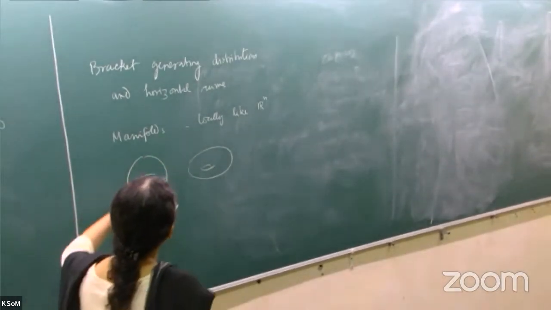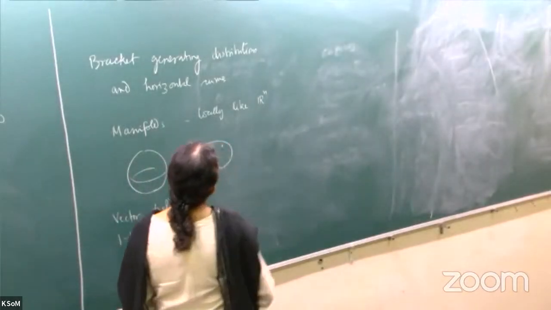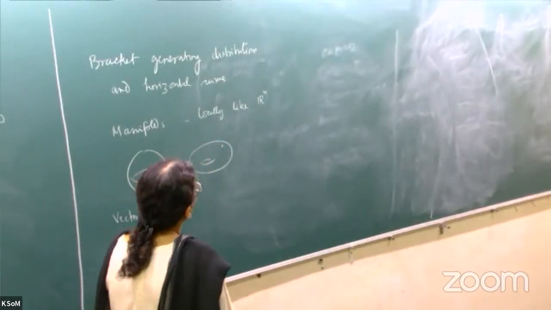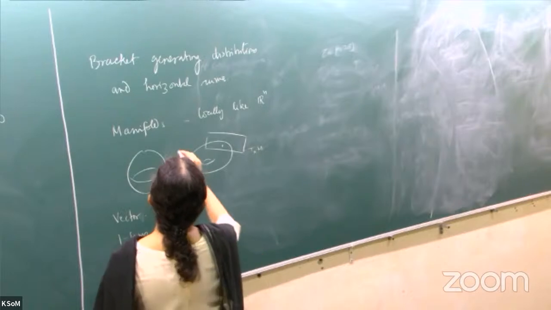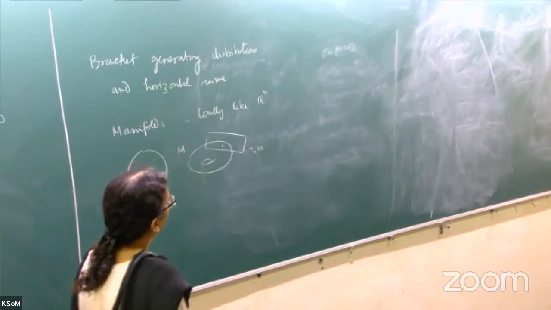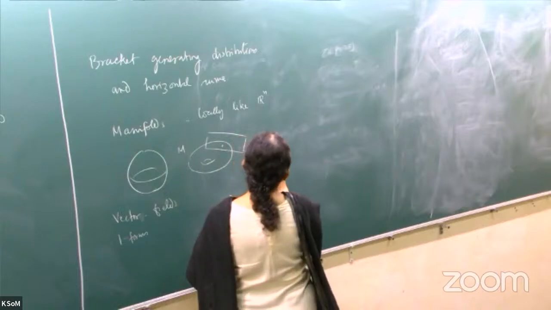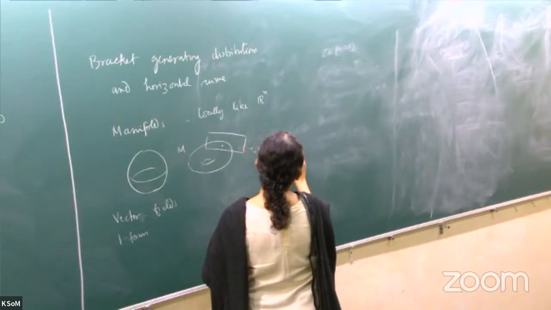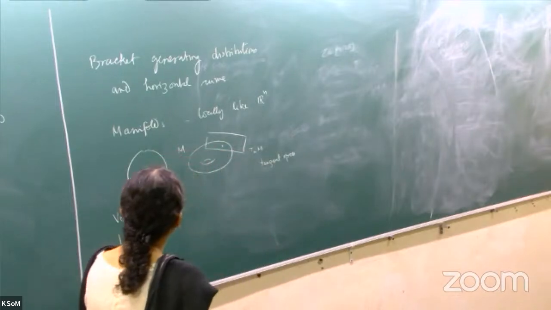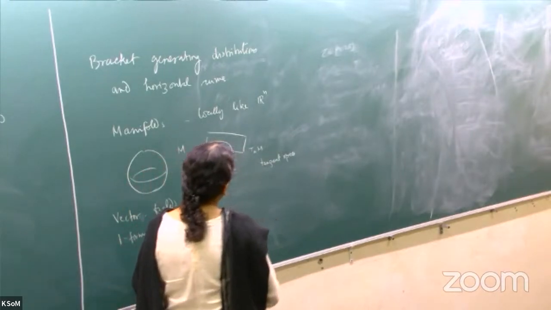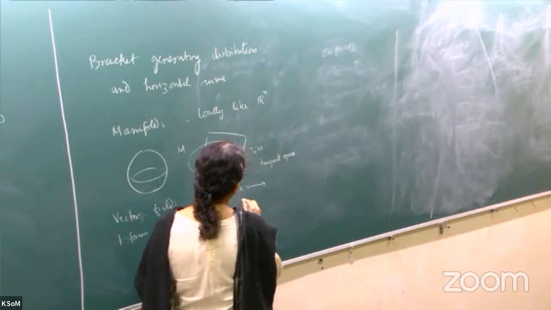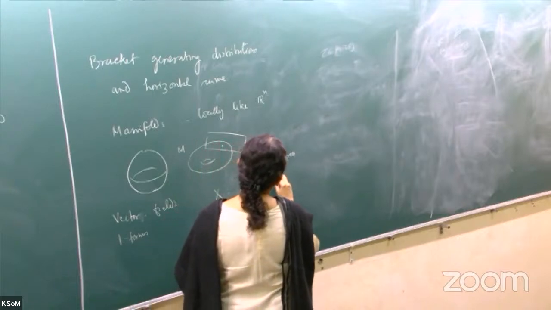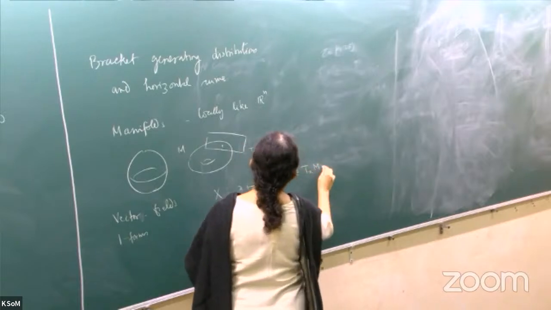So what do they do? Generally, when I am given a manifold, to each point x we associate the tangent space, denoted by T_xM. Supposing that the manifold is denoted by M, this is called the tangent space. A vector field is a correspondence which takes a point x to a vector in the tangent space.